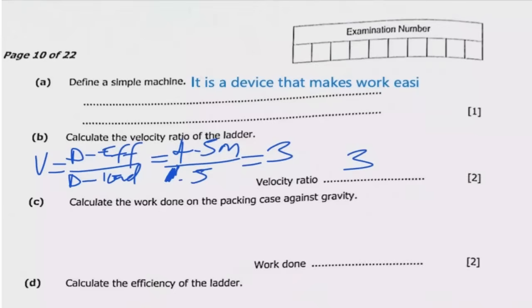Question C: calculate the work done on the suitcase against gravity. To find work done, we use the formula: work done is equal to force times distance.